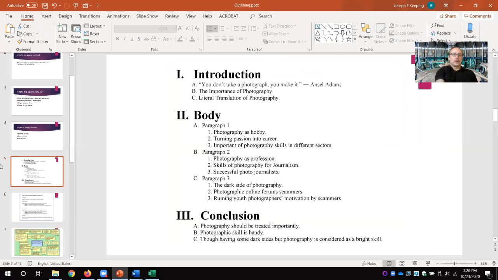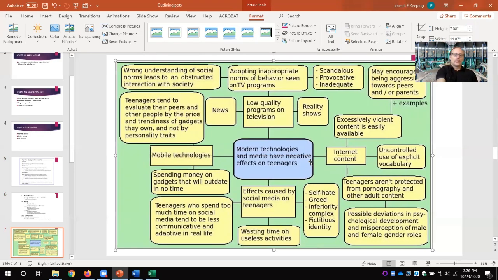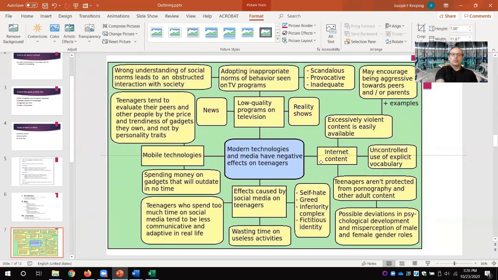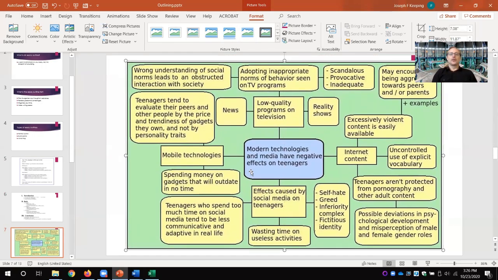And then the things that you need to do to support your thesis branch off from there, and then things branch off from there, and so on.